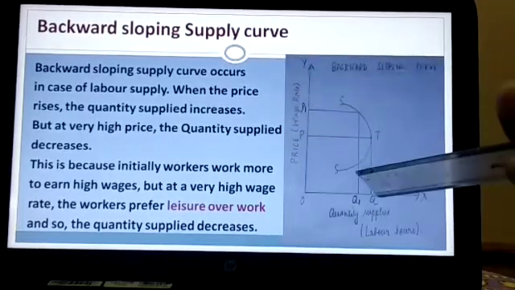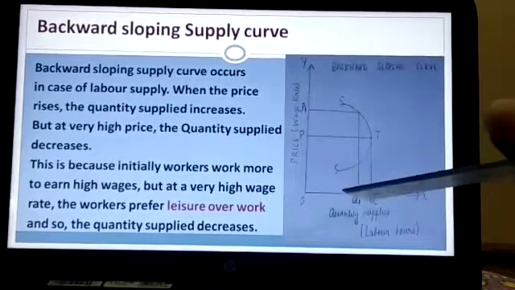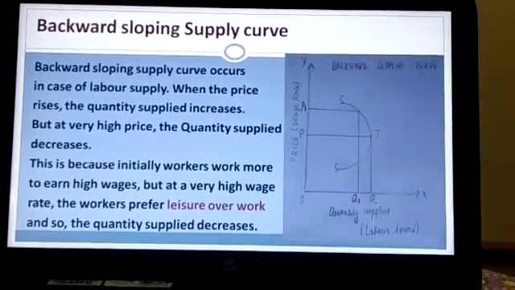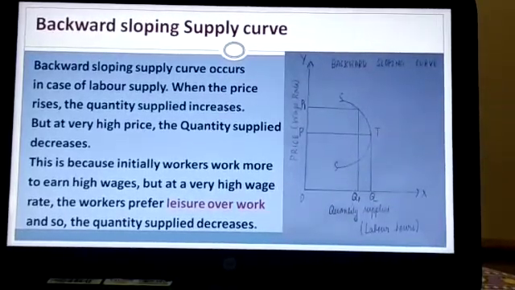Wage rate is increasing, quantity supplied is reducing. At this position, he is preferring leisure over work, and as a result, at a higher wage rate, the supply decreases.